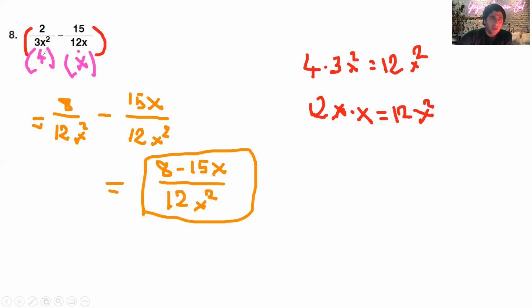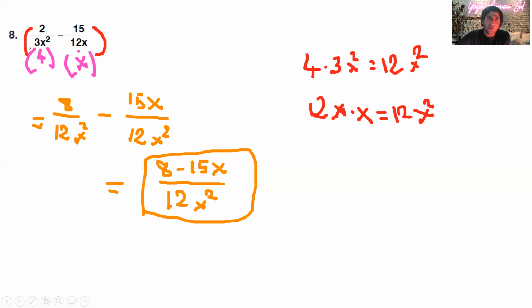Again, I used 4 for 3x squared, and then I used x for 12x, because 4 times 3x squared will be 12x squared, and x times 12x will be 12x squared. So this is how I can get my denominators the same. Then whatever I used to make the denominators equal, at the same time we multiply that with the numerator as well.